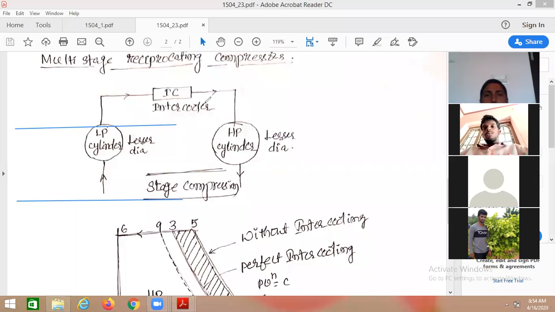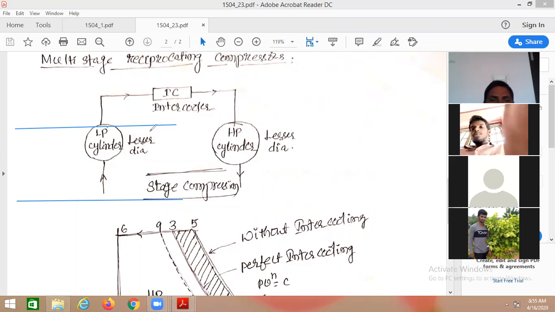To that cold oil, after transferring the heat, the temperature will drop to the inlet temperature of the LP cylinder, but the pressure won't change. Whatever pressure rise is there after the LP cylinder, the same pressure rise will be there after the intercooler also. Only the temperature will drop to the inlet temperature of the LP cylinder.